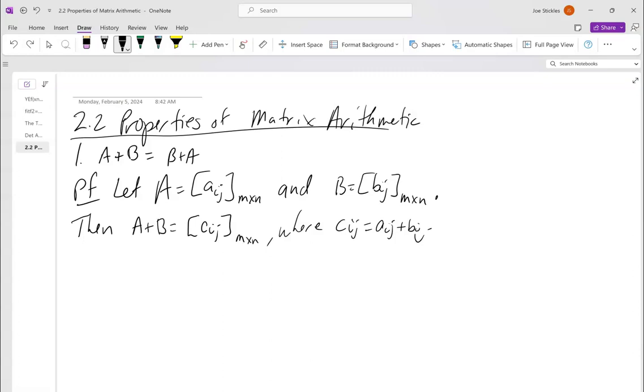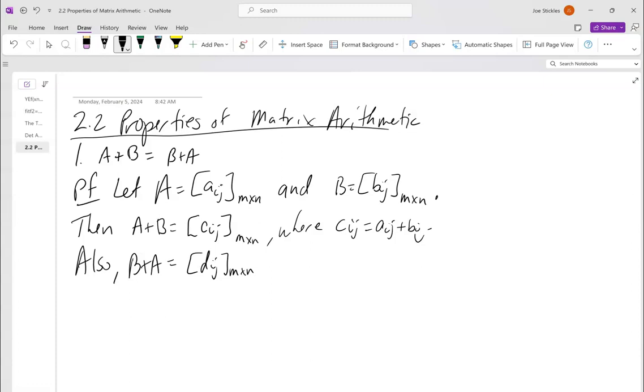Okay? So I'll stop with the left-hand side, and now I'll do the same thing with the right-hand side. Oops. I just said do the right-hand side, and I started to rewrite the left-hand side again. All right, so we'll do the same thing with B plus A.